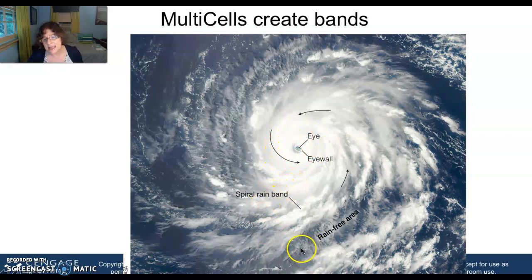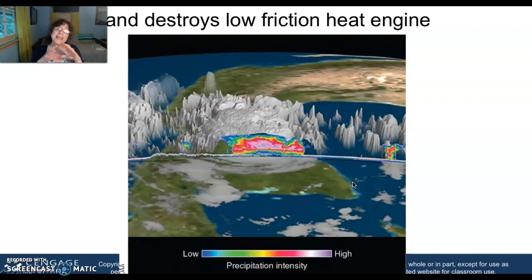And here you're seeing your spiral rain bands moving in with your multi-cell storms that, between the multi-cells, have sinking sky areas that are rain free. So around each multi-cell, you will get a downdraft that will essentially be sinking sky and have its own little eye in here. Amazing.